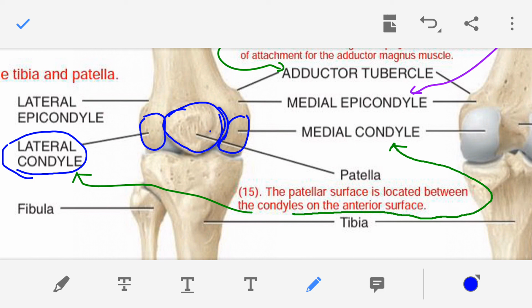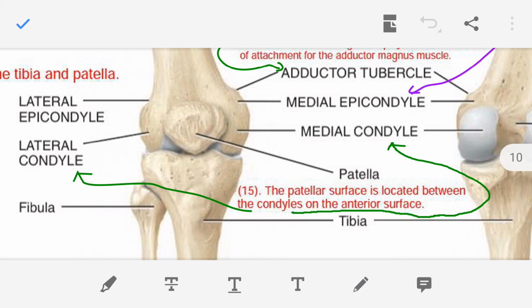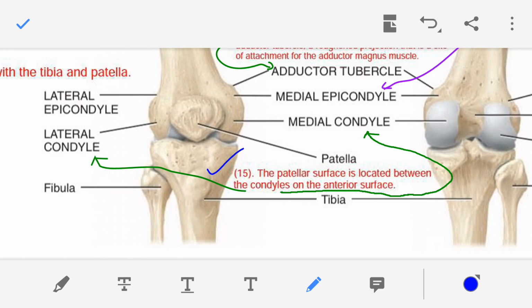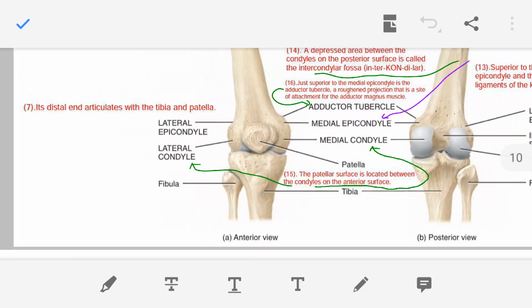The margin of the patella, as you can see, is covering the medial condyle and lateral condyle, or we can say the margin or the border of the patella is present on some part of the medial condyle, and it is also covering some part of the lateral condyle. So point number 15 is the position of the patella, where it is present.